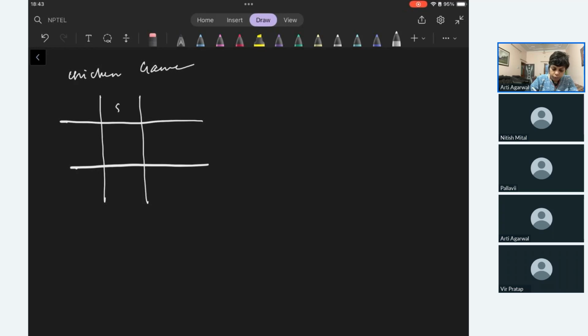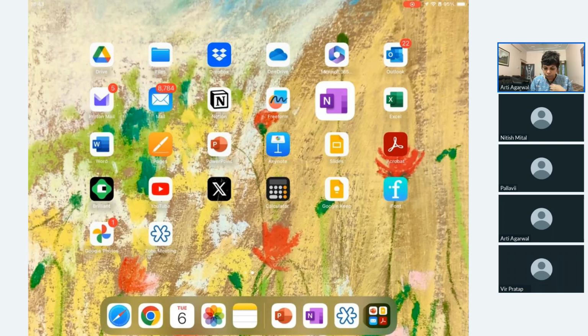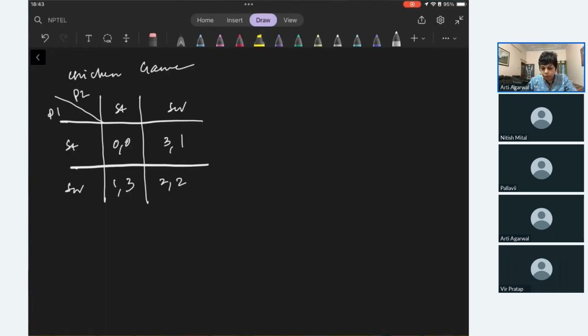This is swerve. Straight. This is swerve. This is P2. This is P1. That's the game. Okay, so let's just mark the Nash equilibrium in the pure strategy first.